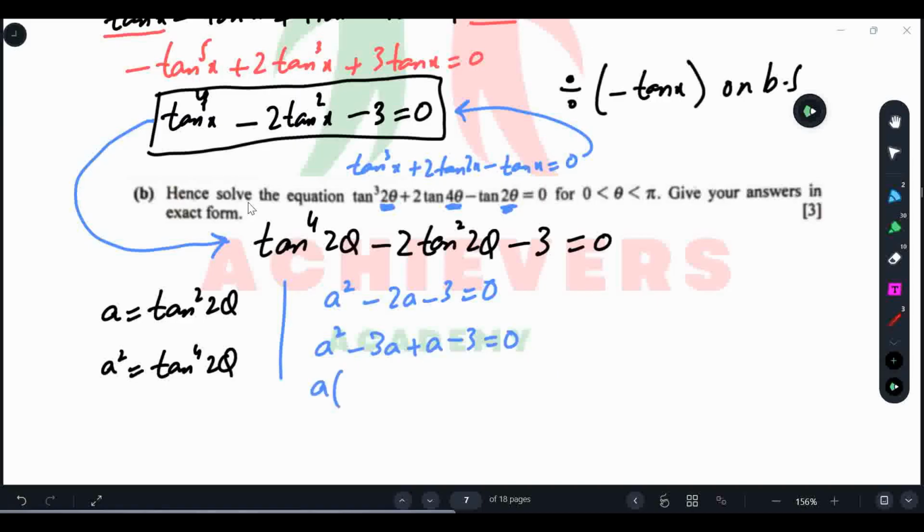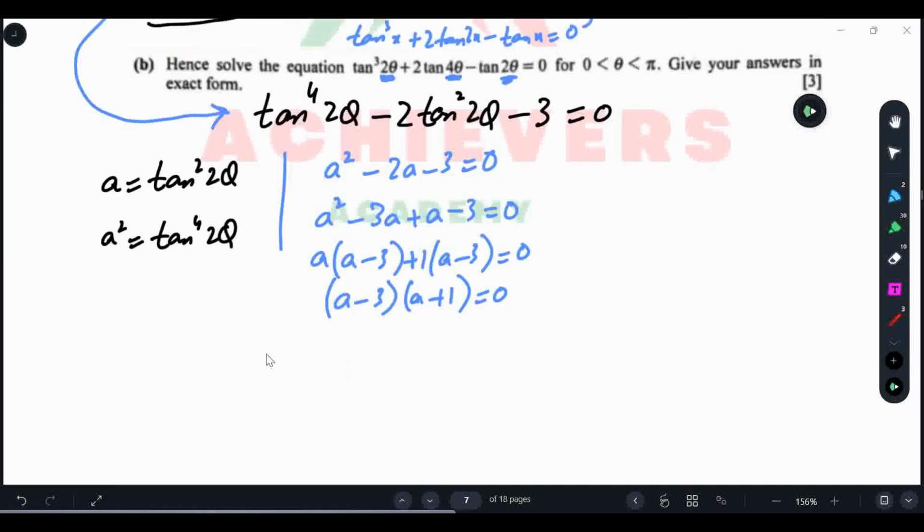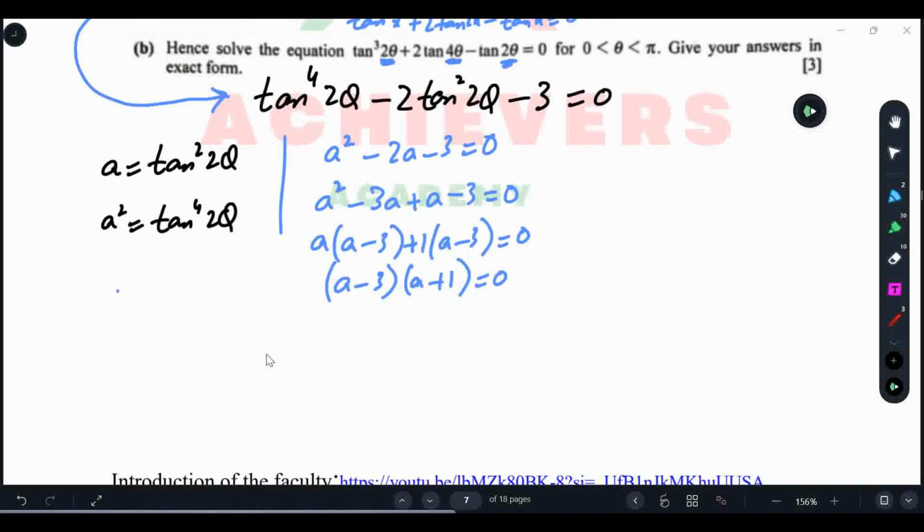We take a common, so a minus 3, and plus 1 common, so a minus 3. From here we will have a minus 3 into a plus 1 is equal to 0. So a will be equal to negative 1 and a will be equal to positive 3.